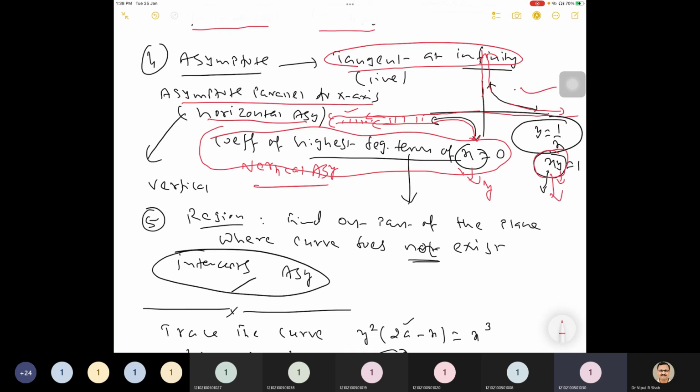Make x equal to 0. That means the y-axis is also a tangent for this curve y equal to 1 upon x, because this also extends and touches the line at infinity, like this. So this is the thing about the asymptote. Okay, everyone.